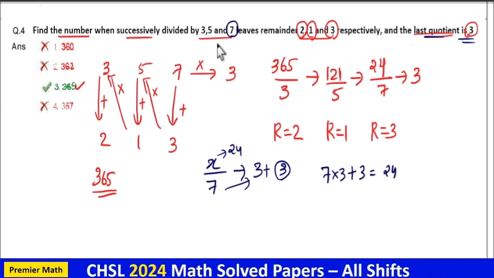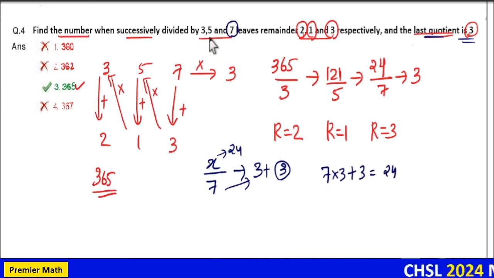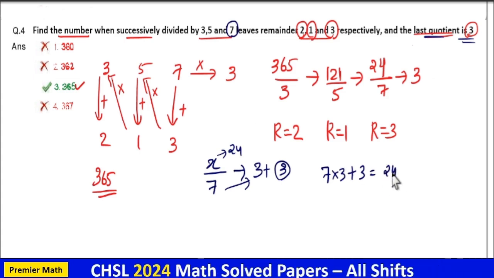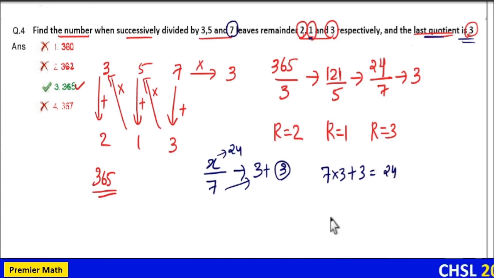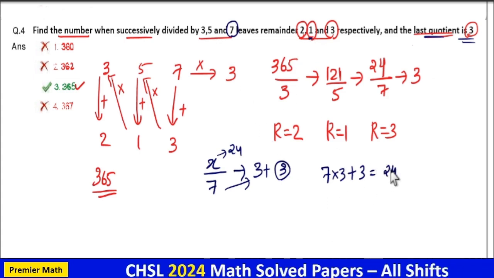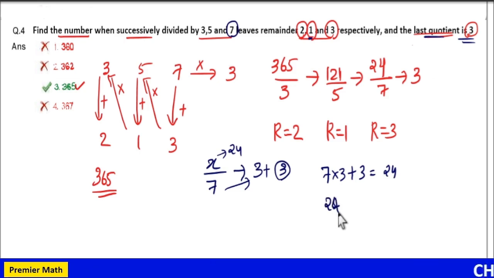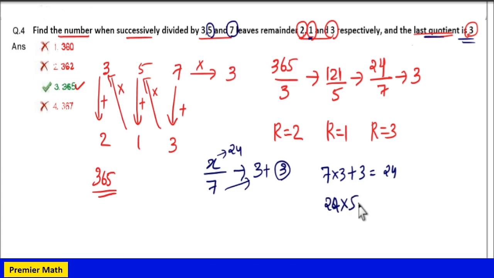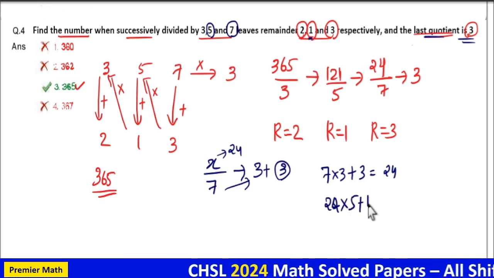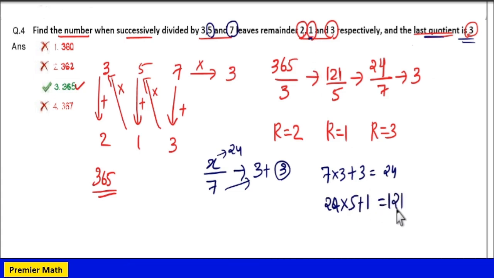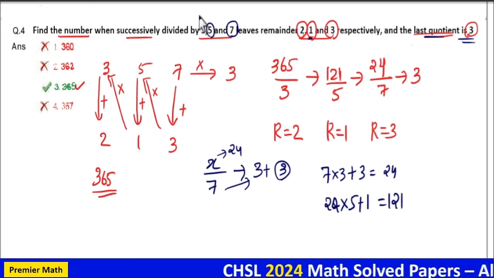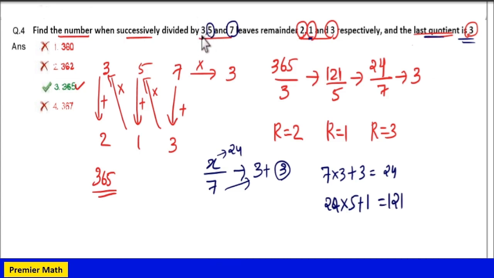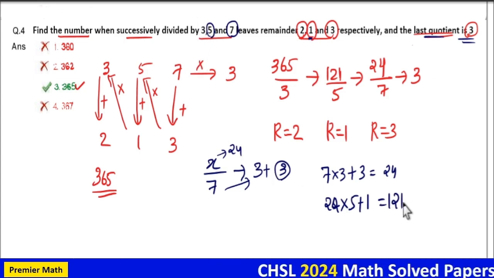Now, when a number y is divided by 5, it will give you 24 and remainder 1. That is, here y is equal to 24 into the second divisor 5 plus remainder 1, which is equal to 121. Now, when a number is divided by 3, it will give you 121 and remainder 2.